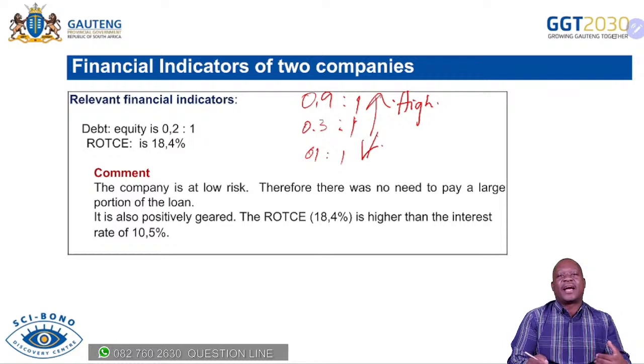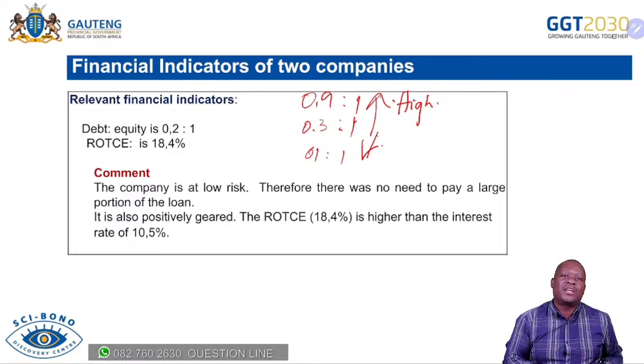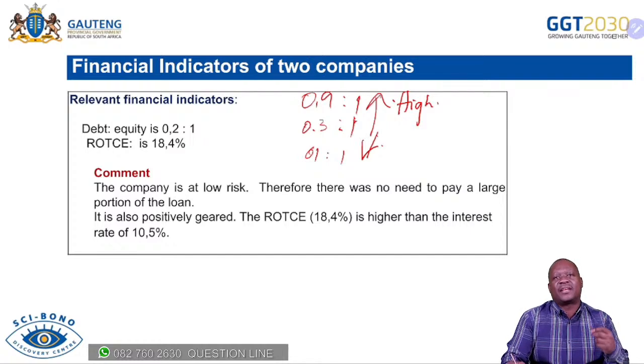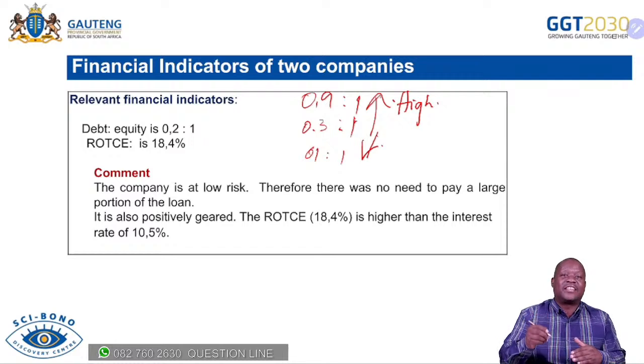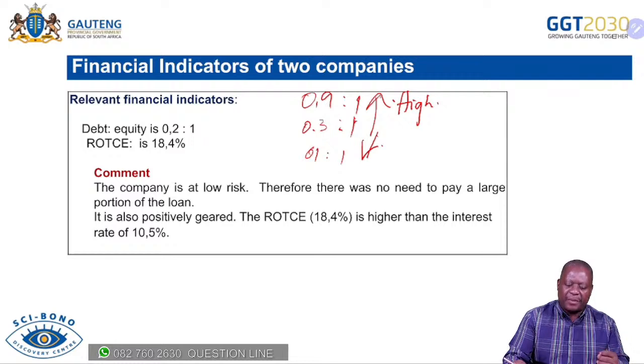When we are low geared, it means we are not relying too much on loans. We can still go on and borrow. When do we have to make a decision to repay? When we are high geared, it means we are relying too much on loans and it's not safe. Let's repay the loans.